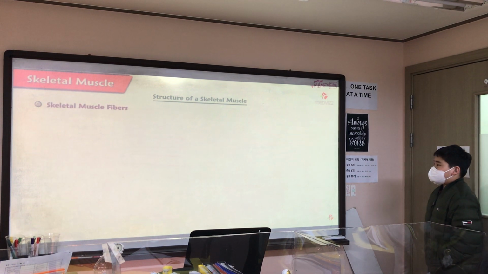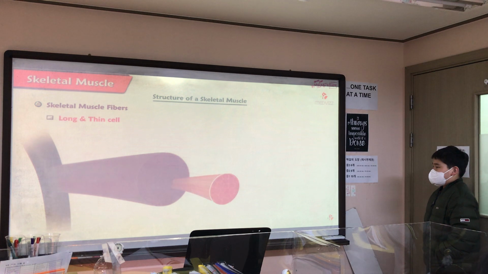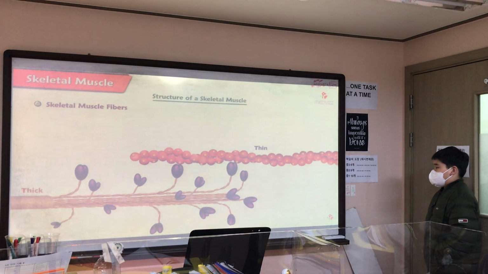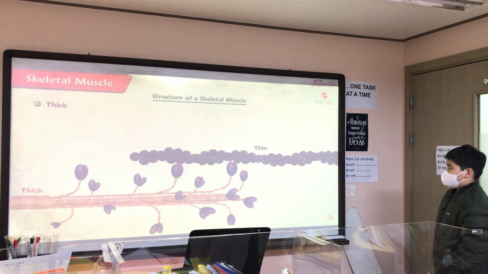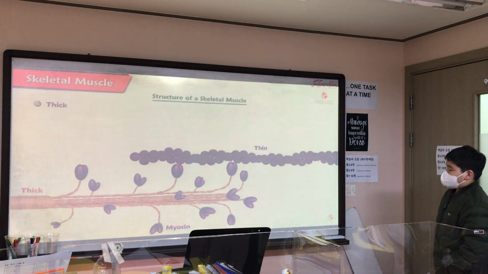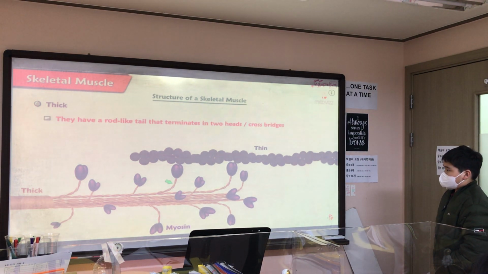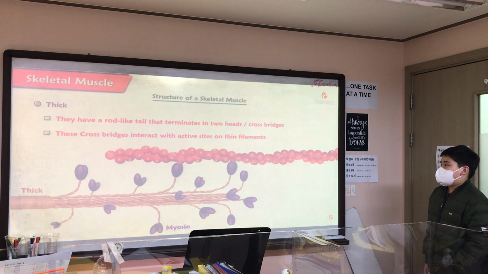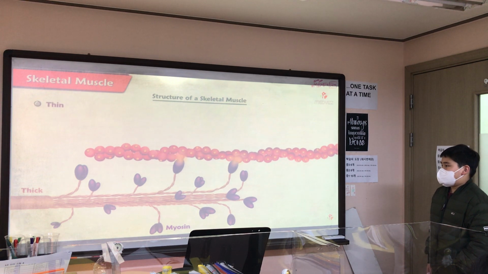Skeletal muscle fibers. A muscle fiber is a long, thin cell. Each muscle fiber is composed of myofibrils. Each myofibril is composed of two protein filaments. Thick filaments are primarily composed of the protein myosin. They have a rod-like tail that terminates into two globular heads or cross bridges. These cross bridges interact with active sites on thin filaments. Thin filaments are primarily composed of the protein actin.